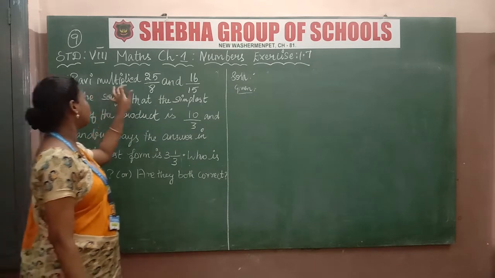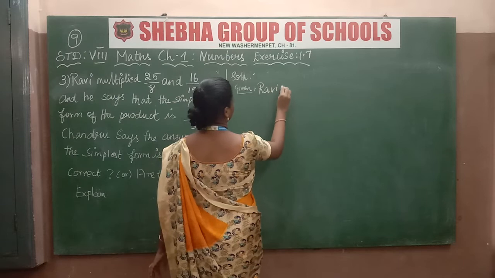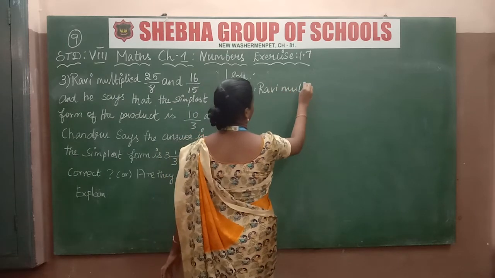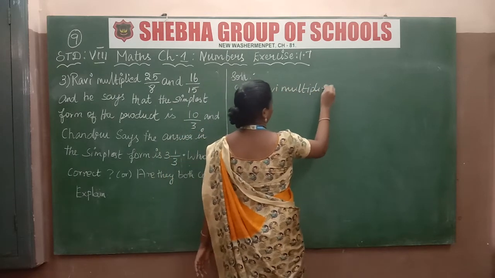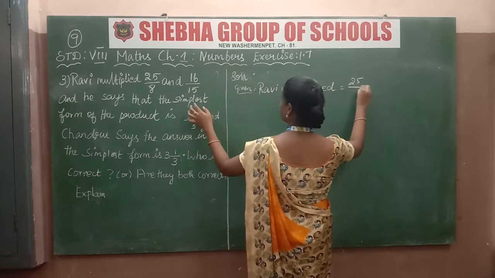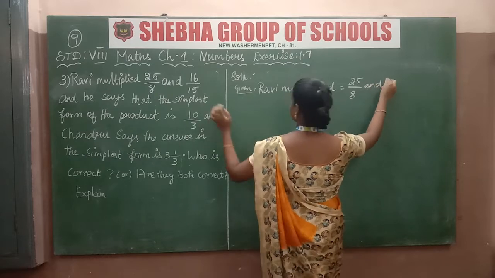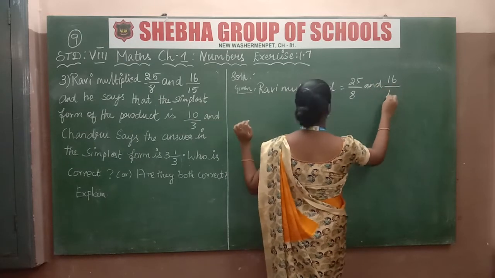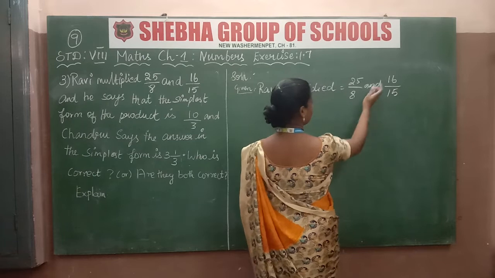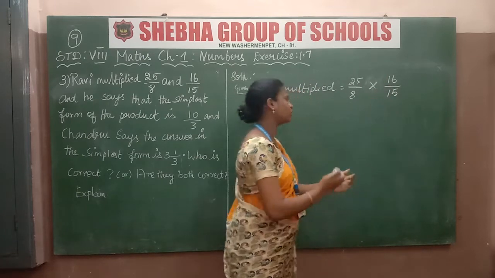Okay, first Ravi multiplied 25 by 8 and 16 by 15. Multiplied means the product symbol, we have to write.